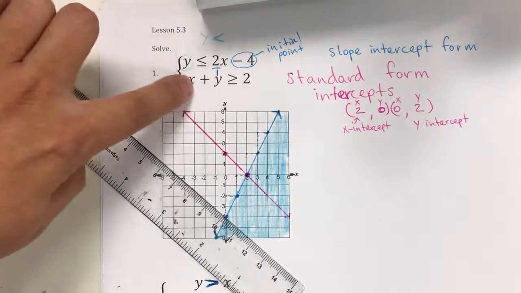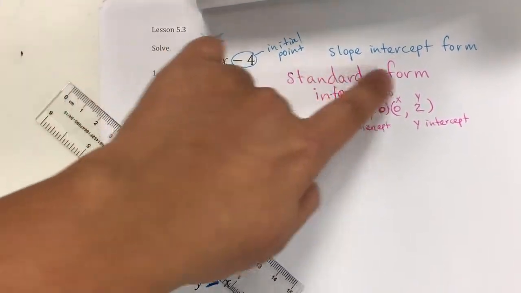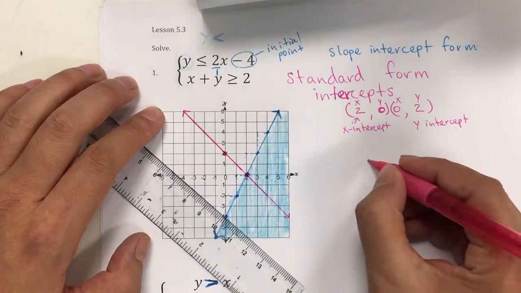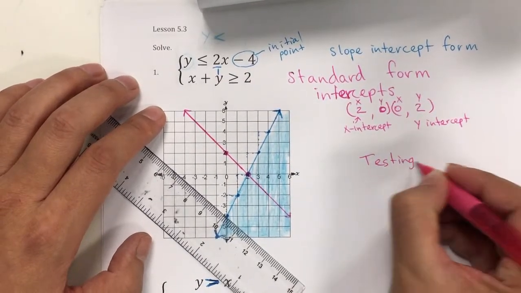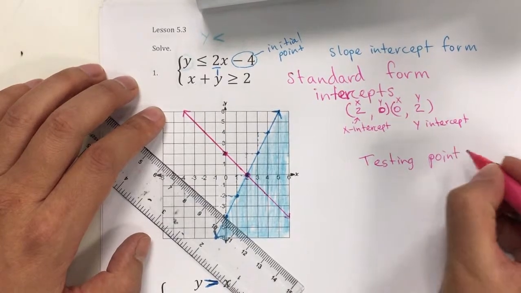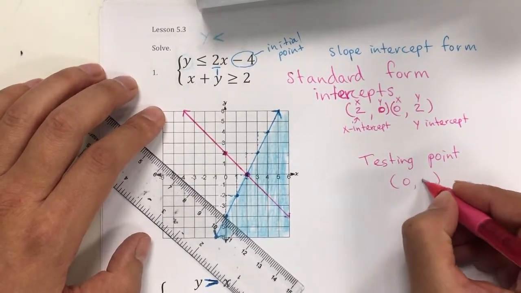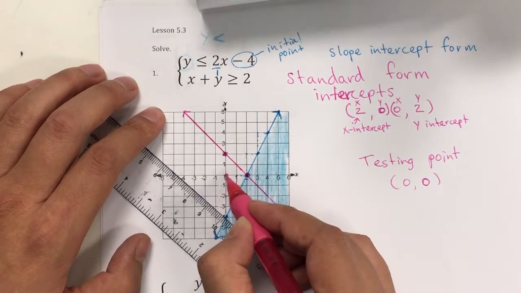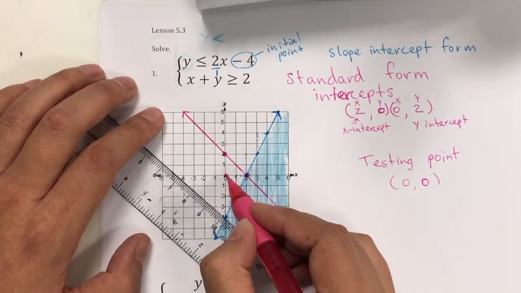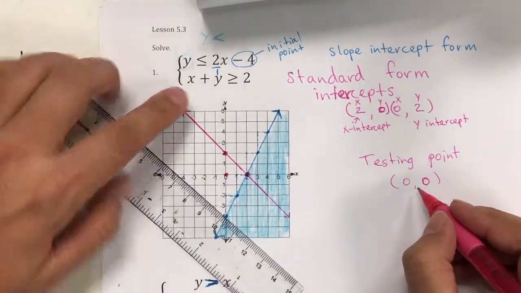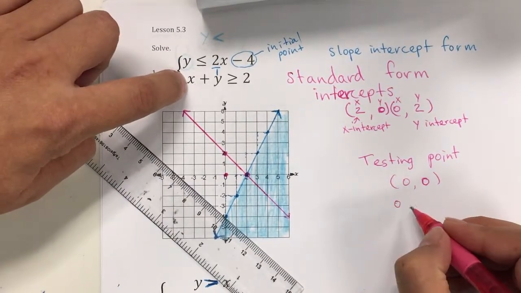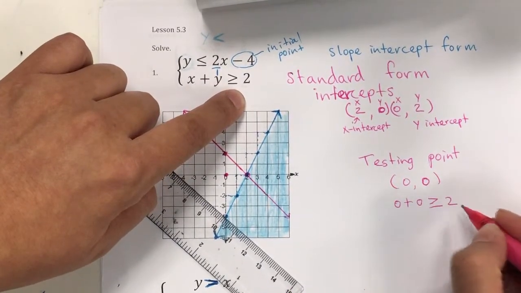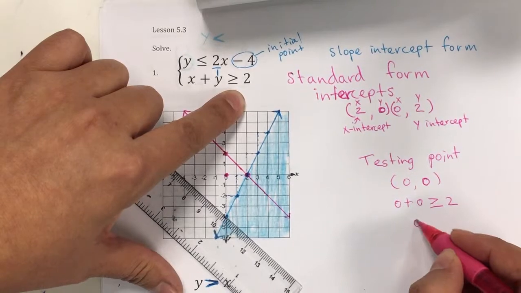Now when I have the inequality in standard form, meaning the x and the y before the inequality symbol, I have to use a testing point. And I prefer 0, 0. You can use any point, but I prefer this point right here. And I want to know if that point is a true solution or not. So I'm going to replace x with 0, plus y will be 0, is greater or equal than 2. 0 plus 0 is 0.